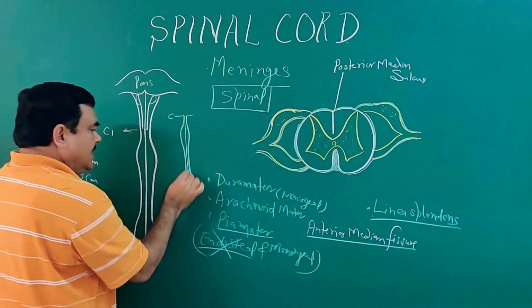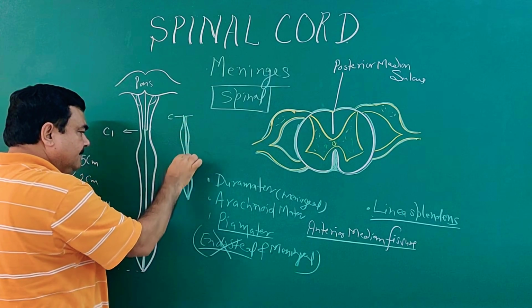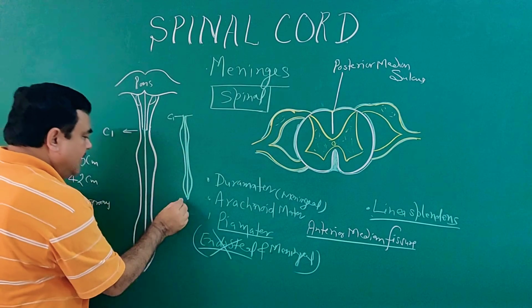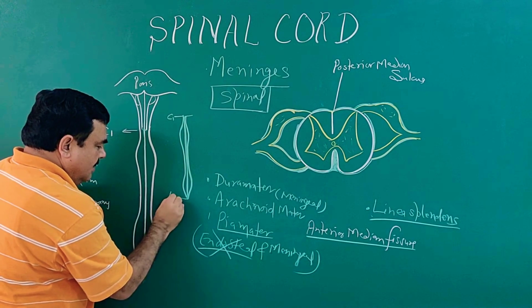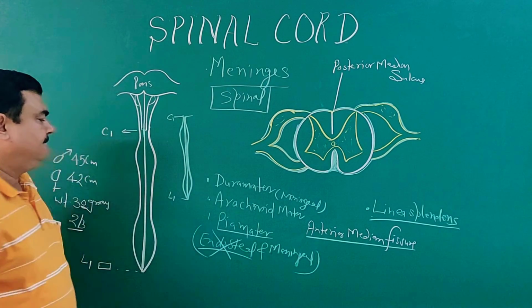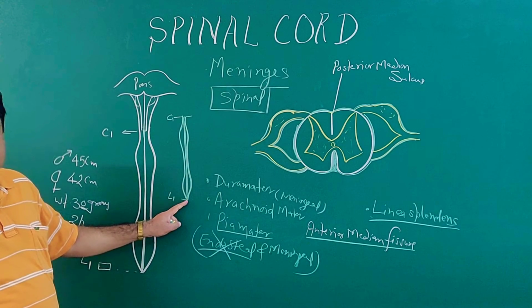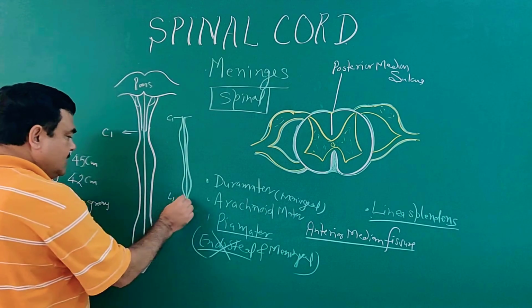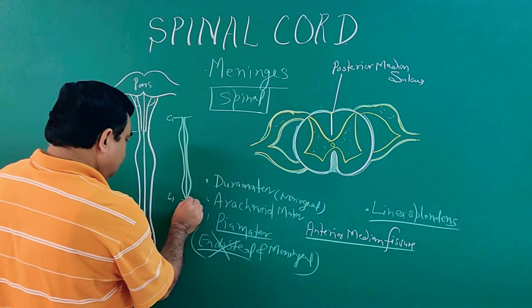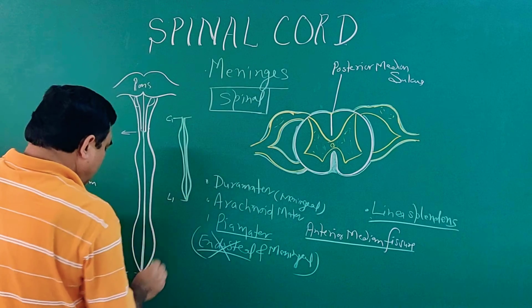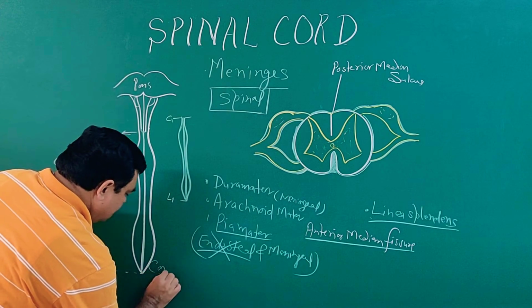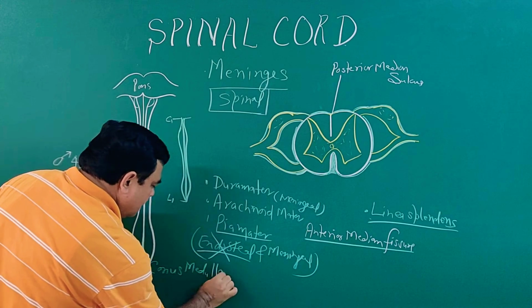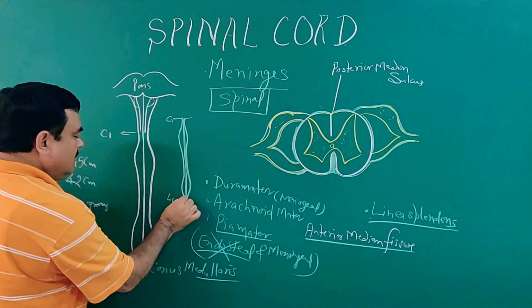This is the upper border of the C1 vertebra, and here is the lower border of the L1 vertebra. This lower part of the spinal cord is conical. This part is known as the conus medullaris.